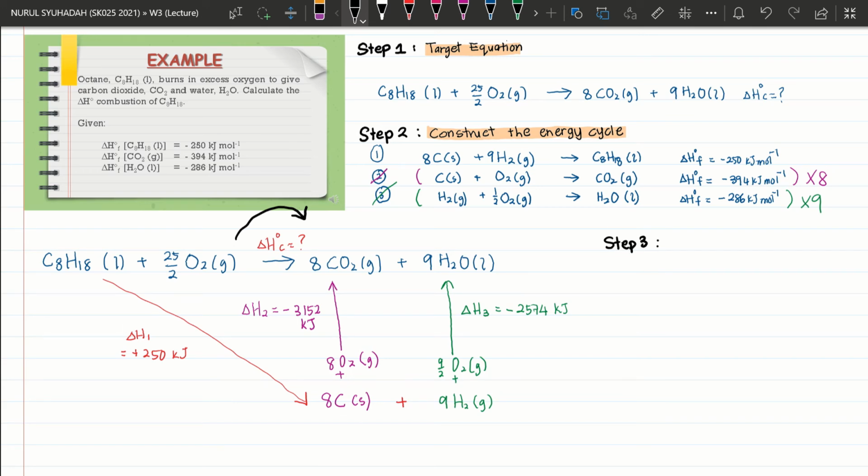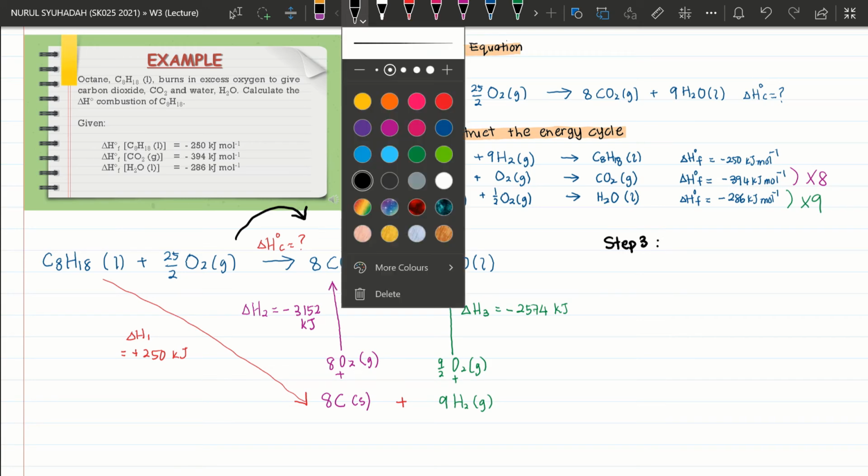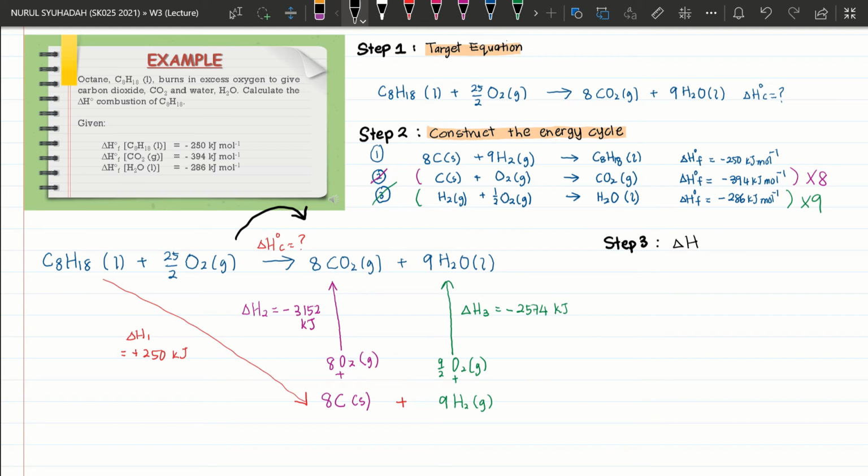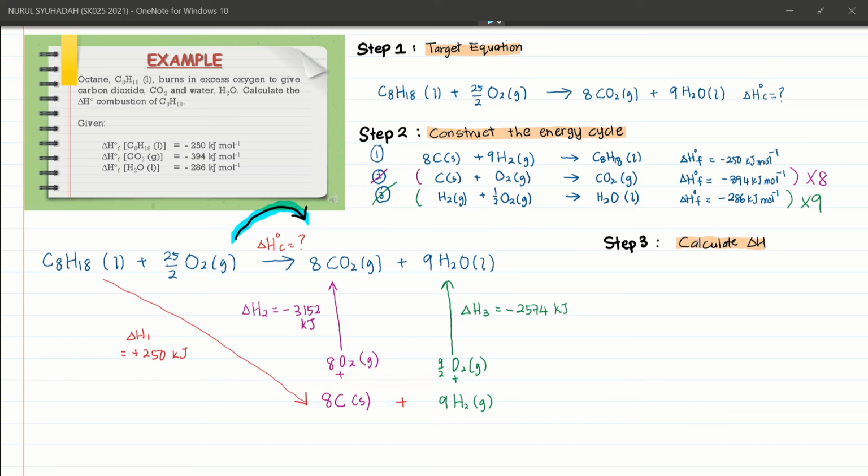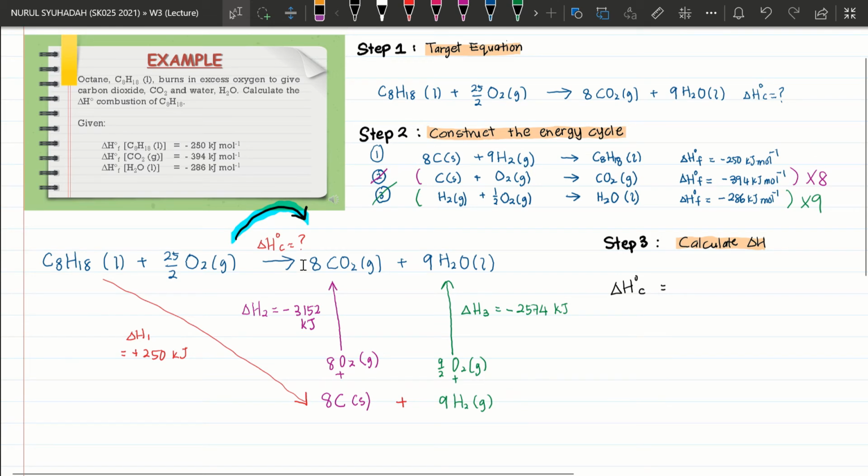What we're going to do is find the value of delta H, so let me write down: calculate delta H. Going back here, the one clockwise is only this one, only delta H, not C. So I put delta H, not C. Sorry, C must be small: delta H c, the combustion of octane, equals, since it is the only arrow that follows clockwise.